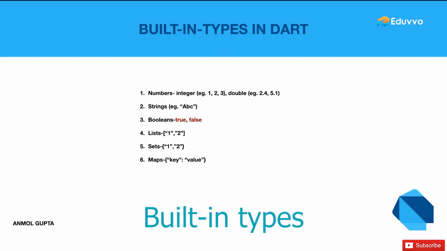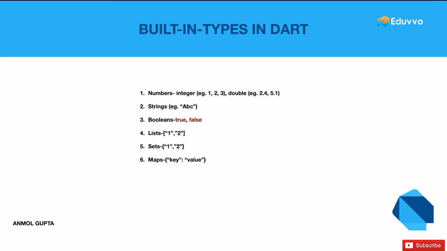So now let's talk about built-in data types in Dart. We can also call built-in data types just data types because we use all these data types to define the variable type, and variables are used to store values and reserve a memory location for a particular value inside the memory. In the Dart programming language, we have 6 data types.